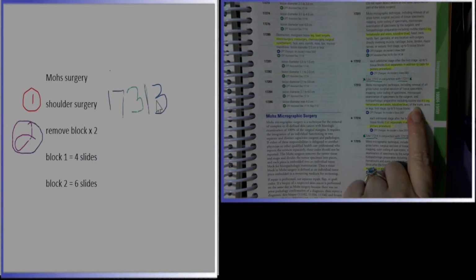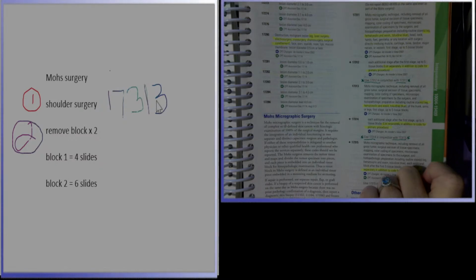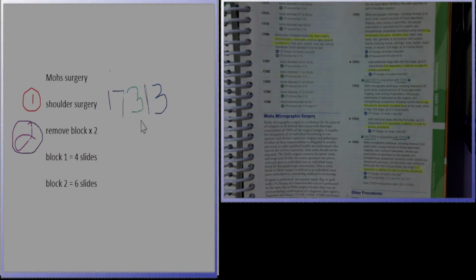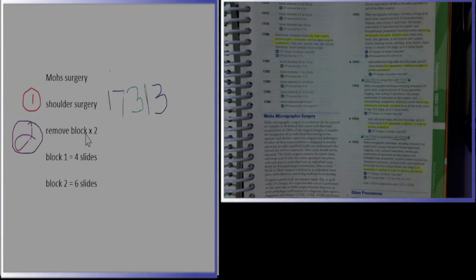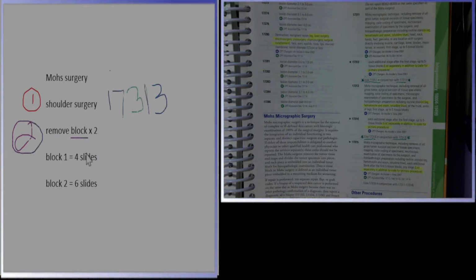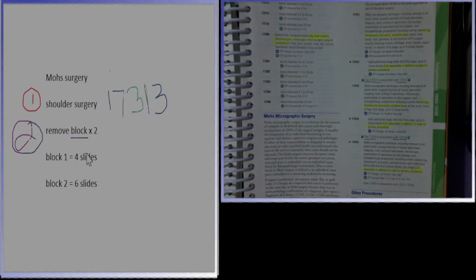Shoulder is part of the trunk. Yeah, I agree with that. That's fine. All right, and then if we went to the shoulder and removed 2 blocks, what does that mean? Does that mean we had 2 stages?